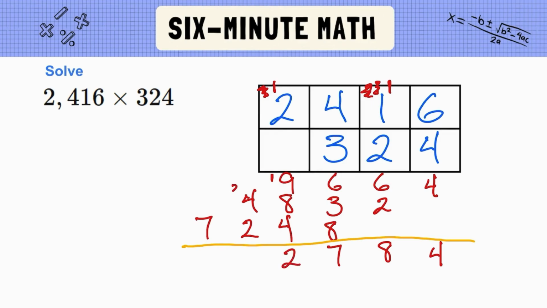So we're going to drop a 2, carry a 2. 2 plus 4 plus 2 is 8. And then I have a single 7 at the end for a final answer here of 782,784.